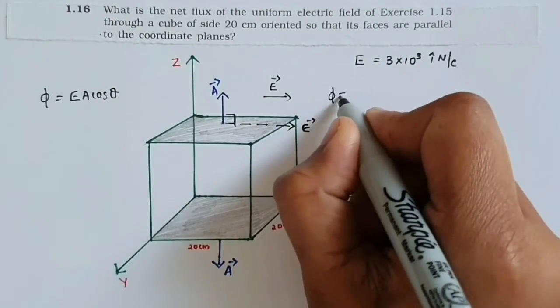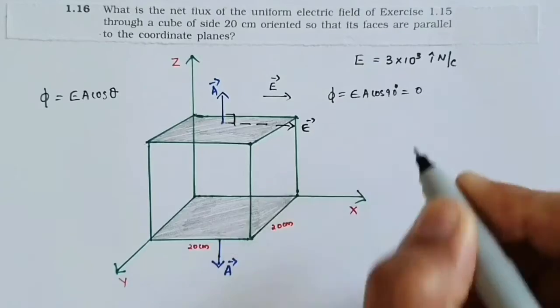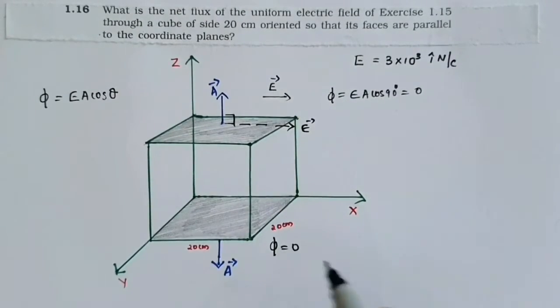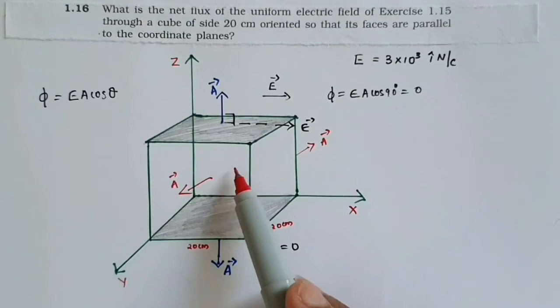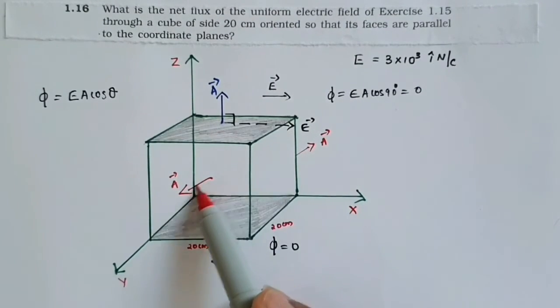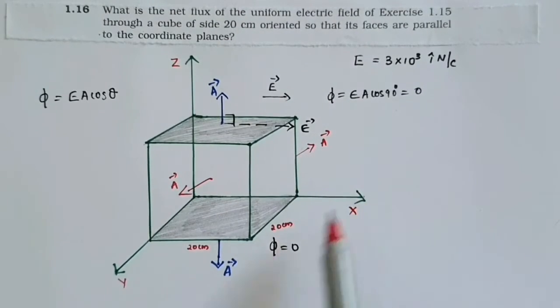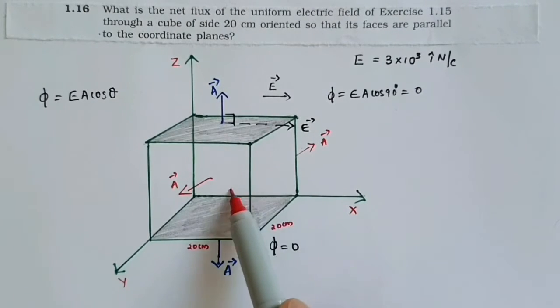Therefore, phi is equal to EA cos 90 degree and cos 90 is 0. Therefore, no flux passes through the top and bottom faces. Similarly, for the front and back faces, the area vector and electric field are perpendicular to each other. Therefore, no flux passes through these two faces.